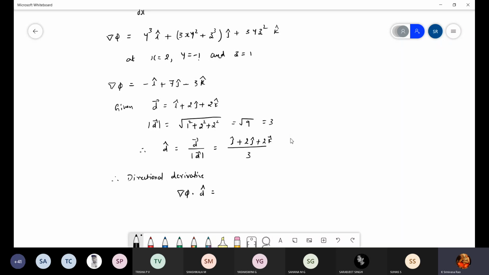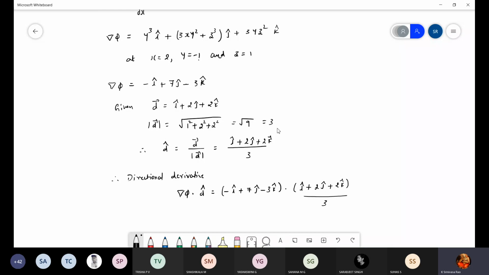grad phi, minus i plus 7j minus 3k. Okay, dot d cap is i plus 2j plus 2k divided by 3.